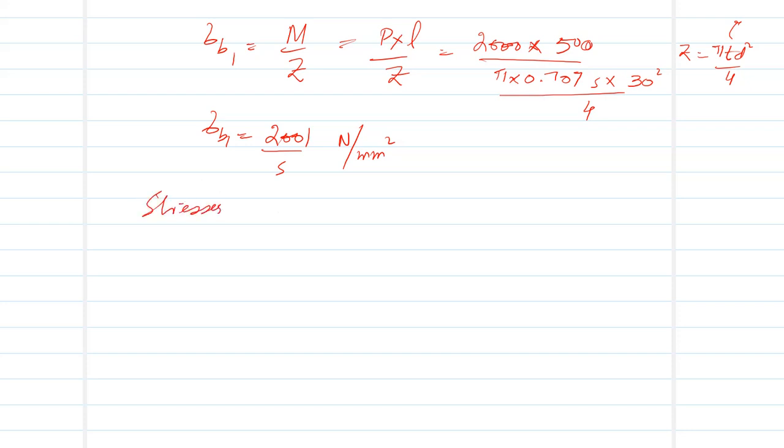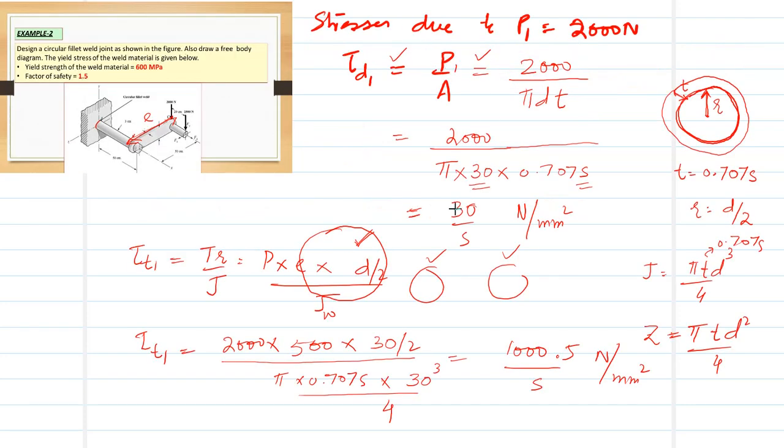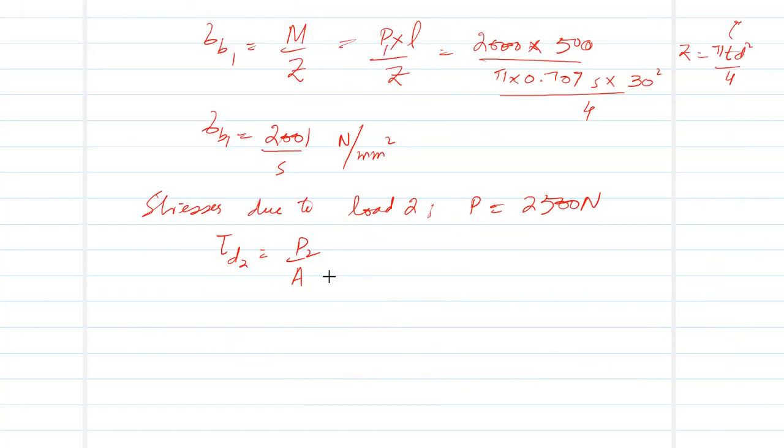Now the stress due to load 2, which is P equals 2500 Newton. Clear? So we have to find tau d2, which is P over A. Just write P1 and P2 to differentiate between the two loads. P2 over A, P2 is 2500, because the weld is the same, so the area will remain the same, which is pi dt, with t equal to 0.707 s.